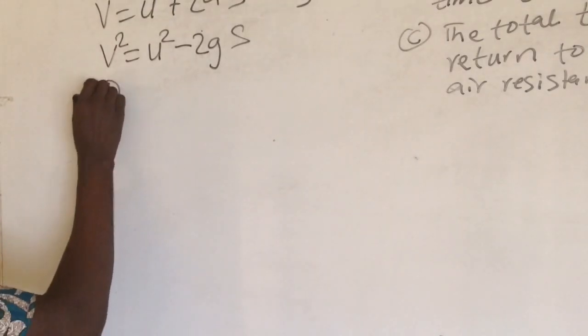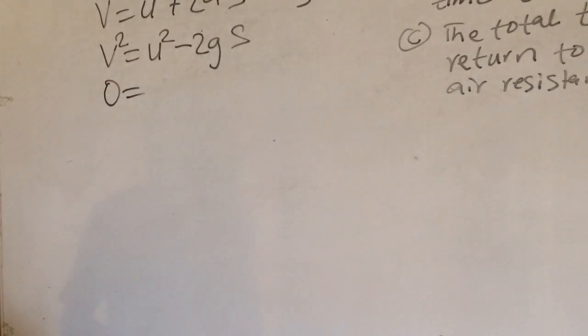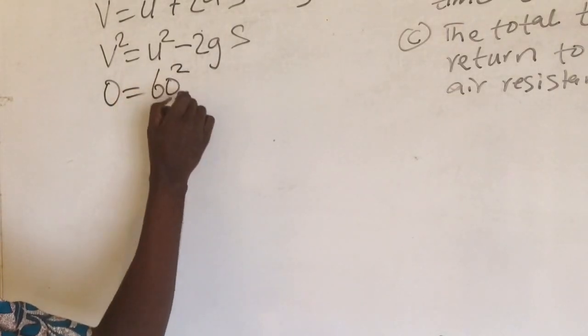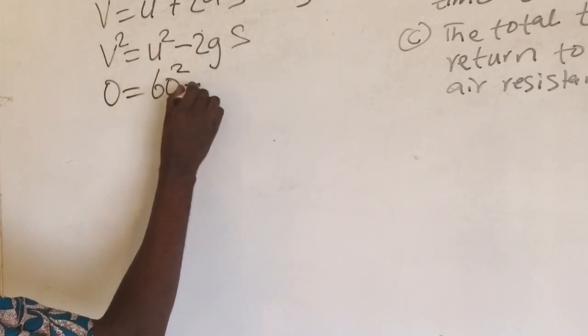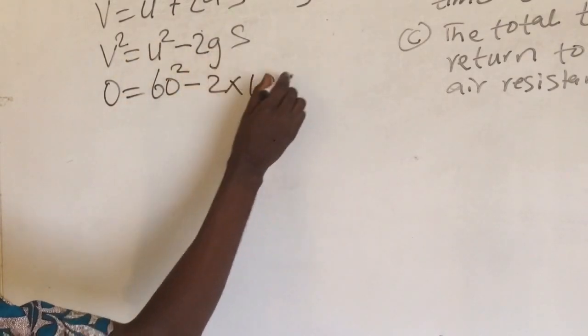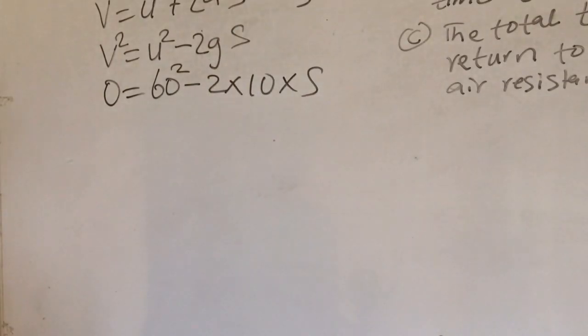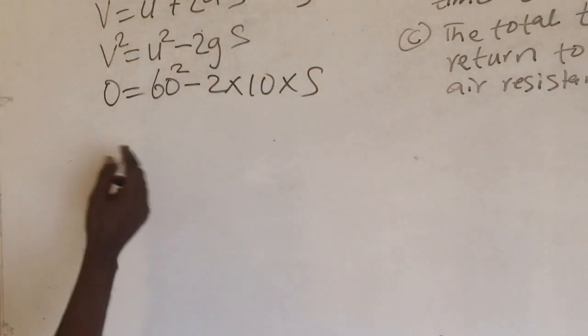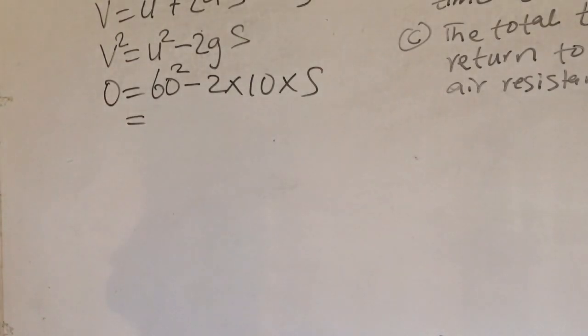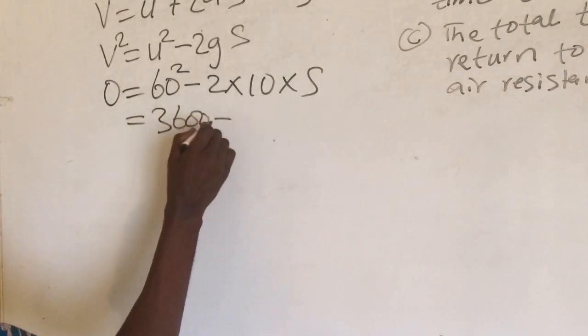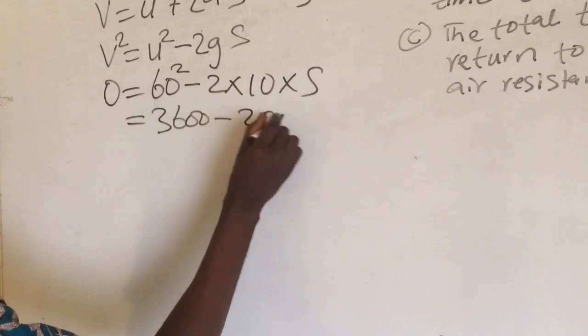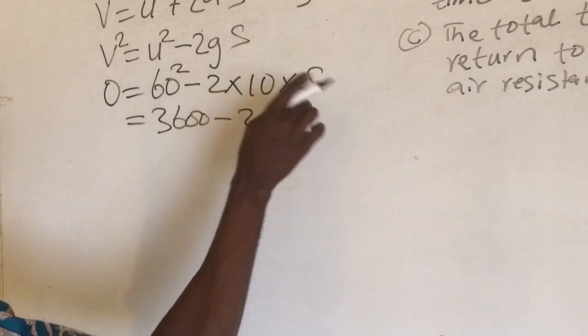Our final velocity there will be 0 equals our initial velocity, which is 60 from the question, squared, minus 2 times 10 times S, which is the maximum height we need. Now 0 equals 60 squared, which is 60 times 60, giving us 3,600, minus 2 times 10, which is 20S.